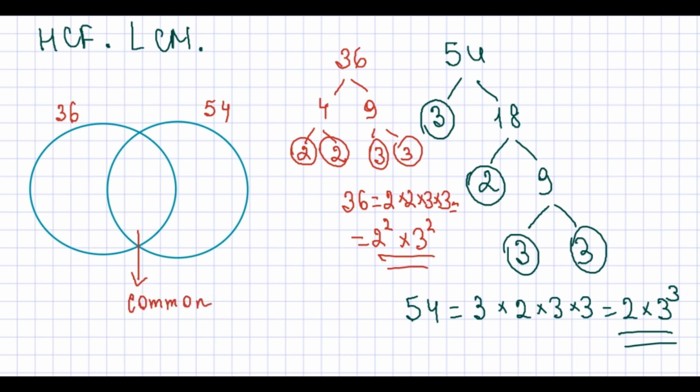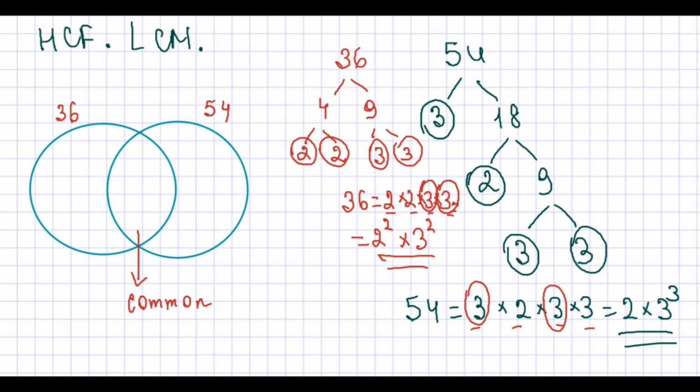What do I see in 36? In 36 there are 2, 2, 3, 3. And in 54 I see 2, 3, 3, 3. Okay, I see that these 3's are common.